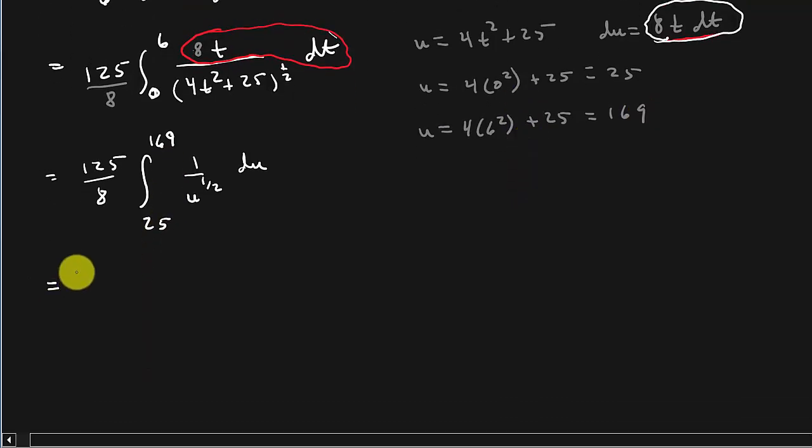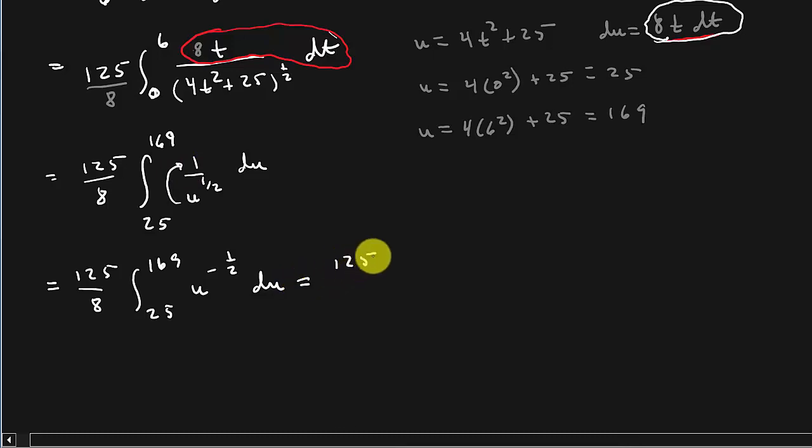So now I have 125 over 8 times the integral from 25 to 169 of u to the negative 1/2 du. I moved it across the fraction bar, which changes the sign of the exponent. So this is 125 over 8 times u to the 1/2, since negative 1/2 plus 1 is 1/2, and multiply by the reciprocal of the new exponent, from 25 to 169.